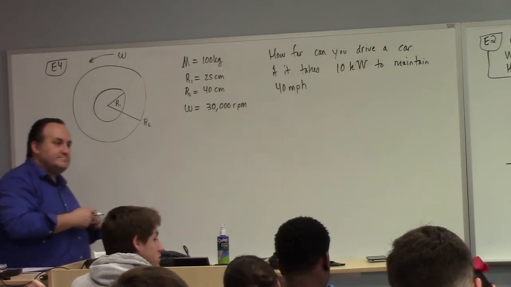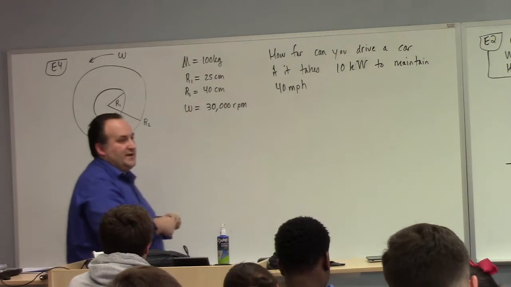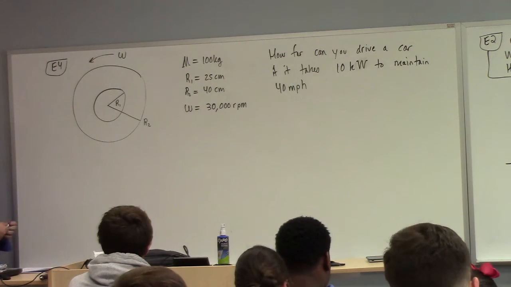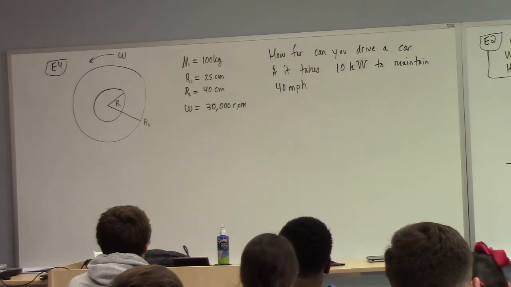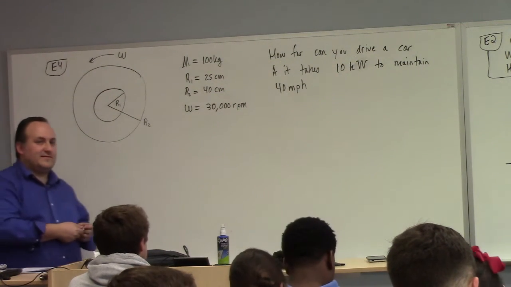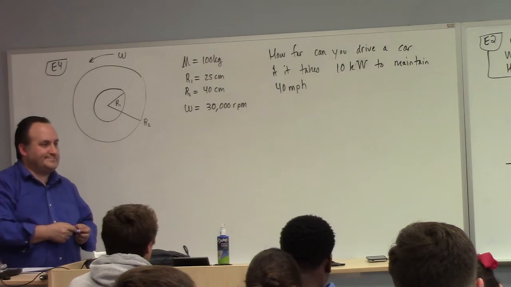For this, did you say we're assuming we start already in motion? Yeah, we're assuming constant speed. Is 10 kilowatts a reasonable power for a car? What do you guys think? Why don't you guys Google average power output of Tesla? Find out for me.